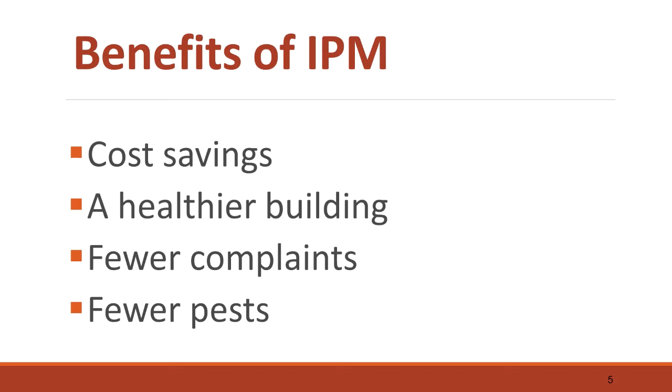Fewer pests. IPM results in longer-lasting control aimed at preventing pests, so we can stop infestations from growing and spreading disease. 100% elimination of the priority pests, cockroaches, rodents, and bedbugs inside each unit is difficult, but can be done and should be the goal.